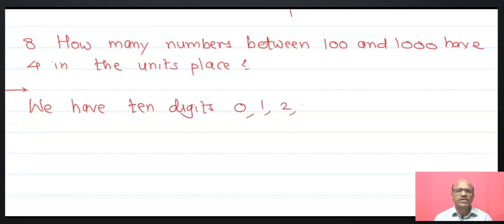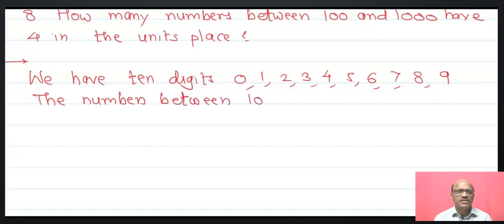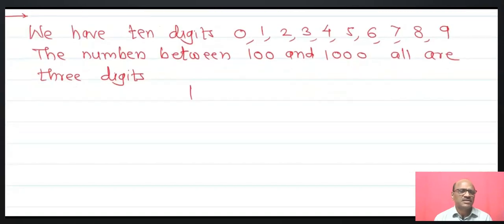Four in the unit place. We have 10 digits, that is 0, 1, 2, 3 up to 9. The numbers between 100 and 1000 are all 3 digit numbers. म्हणजे ते कसे असतील?